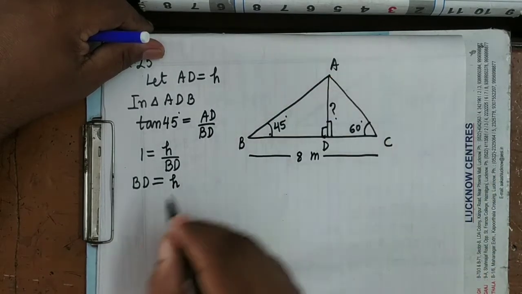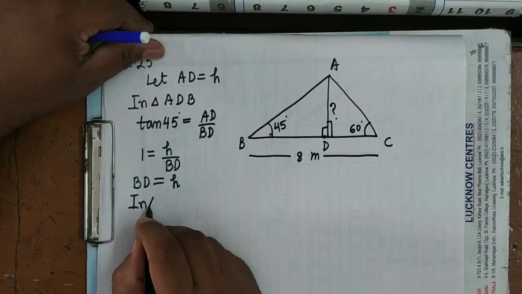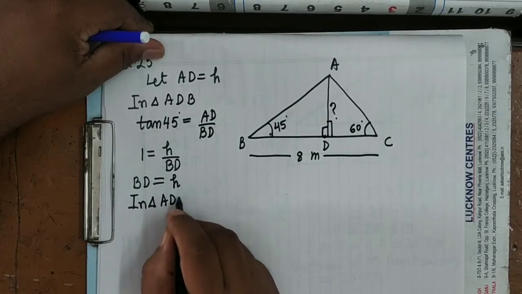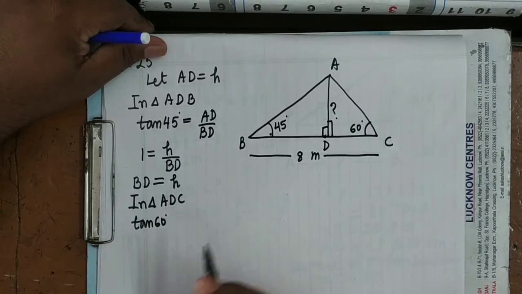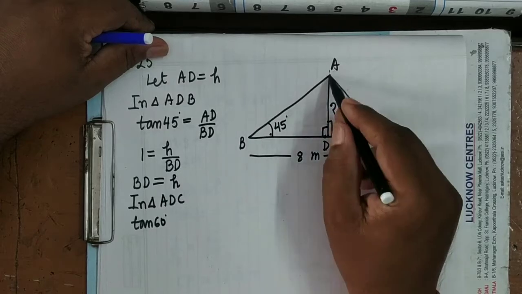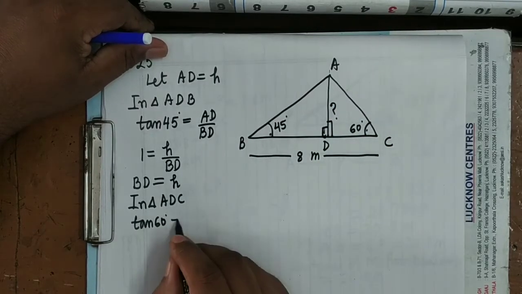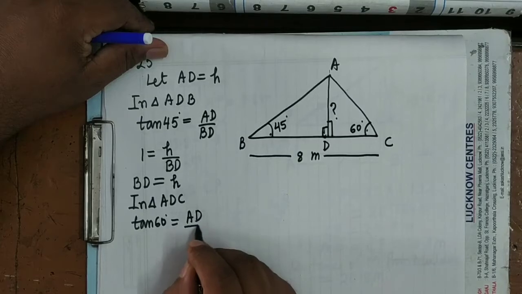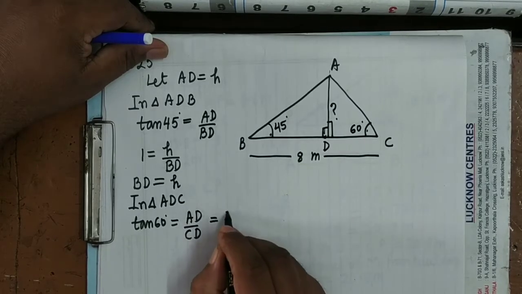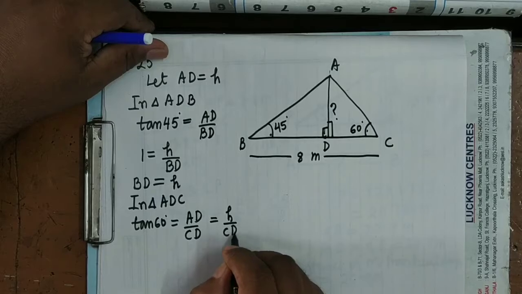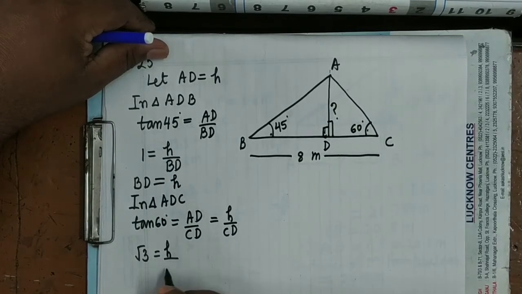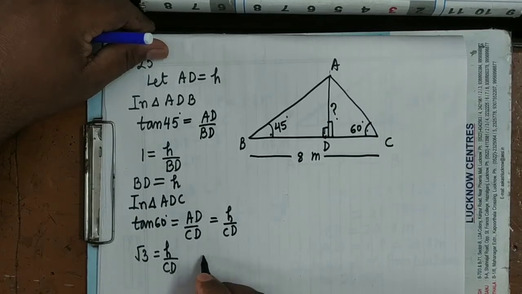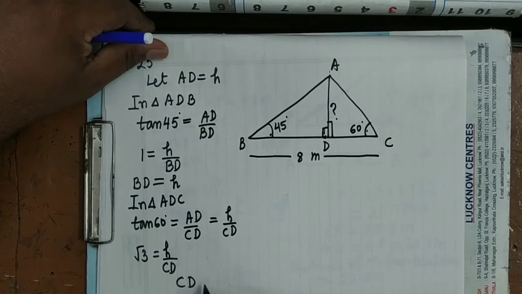Now in triangle ADC, tan 60 degrees, perpendicular upon base with respect to 60, AD is perpendicular, CD is base. So it is AD upon CD, that is H upon CD. So root 3 equals H upon CD, so CD will be equal to H upon root 3.